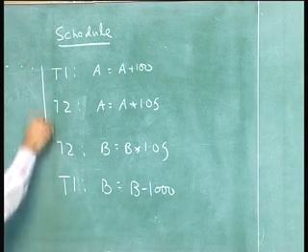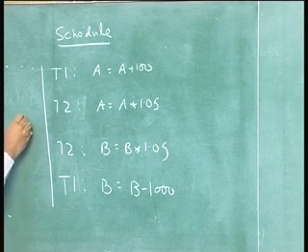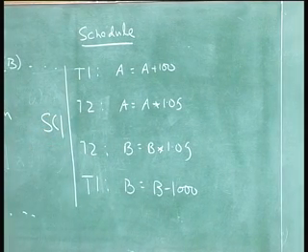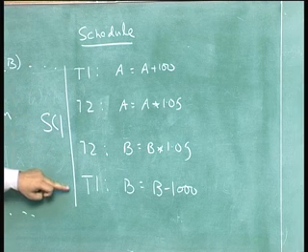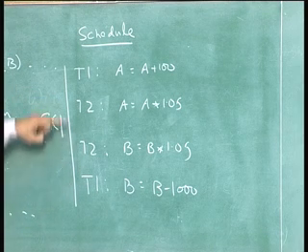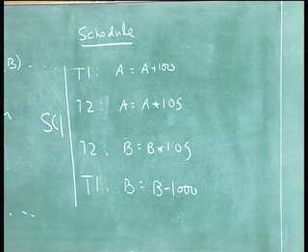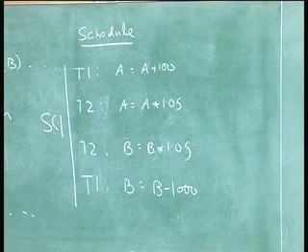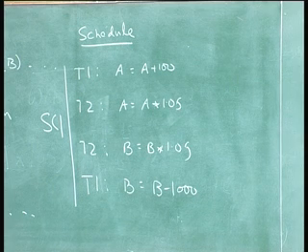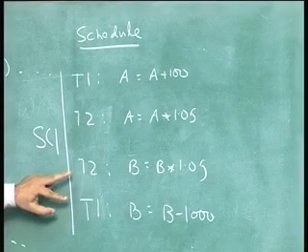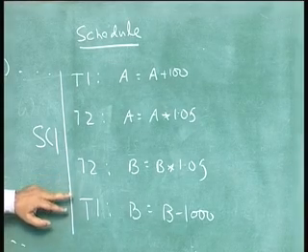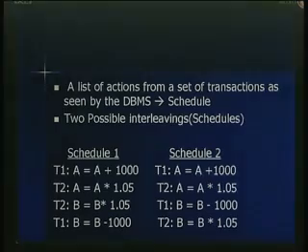This is one possible schedule. We can call this SC1. As you can see, these two operations constitute transaction T1, and these two operations constitute T2. There is another possible schedule shown in the slide, in which T1 and T2 are executed as shown here, but the other two operations are interchanged. This is executed before the other operation.